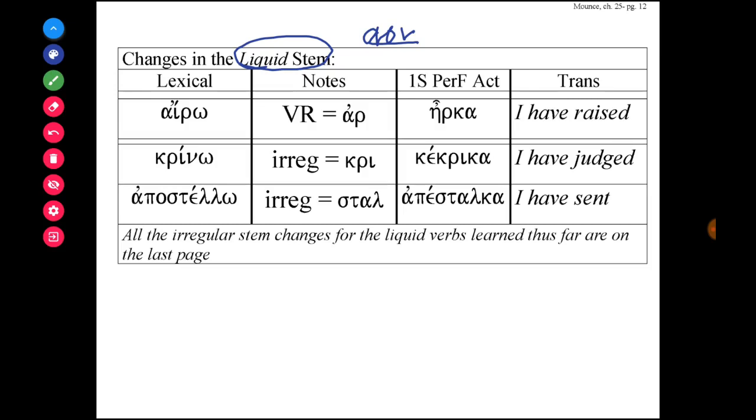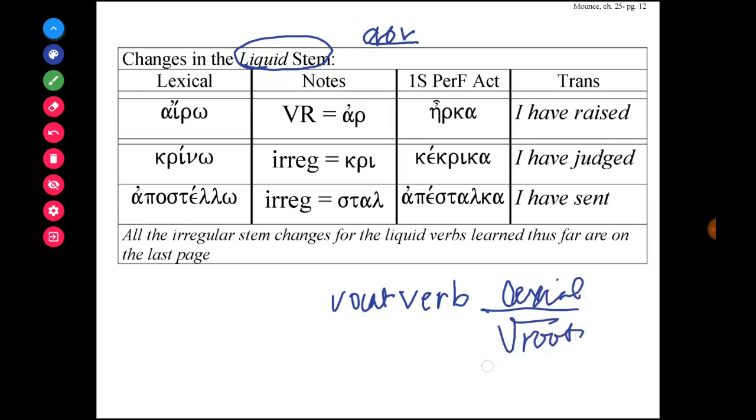So remember that for every vocab verb, you are memorizing its lexical form, its verbal root, and the 6 principal parts. And here's a really good reason why you need to memorize 6 principal parts: because for the perfect tense, especially for liquid verbs, the stem undergoes a slight change.